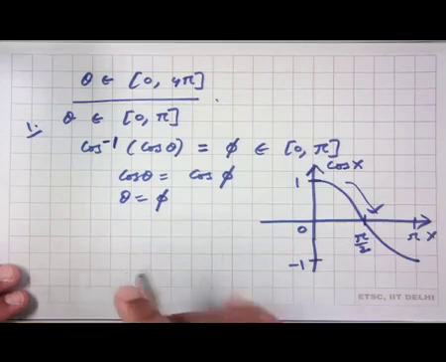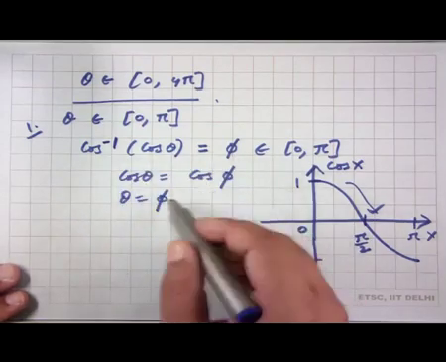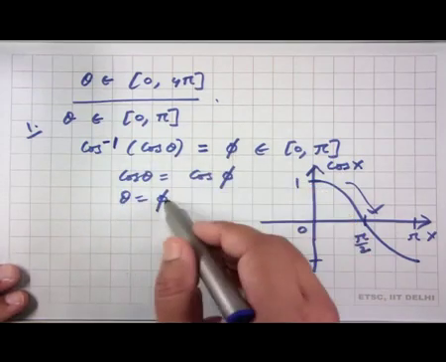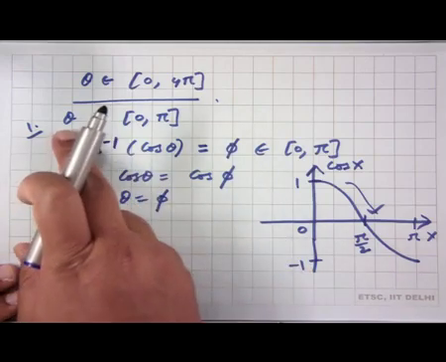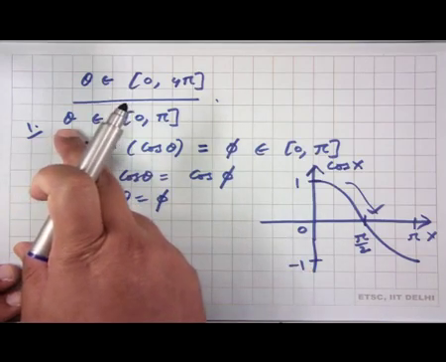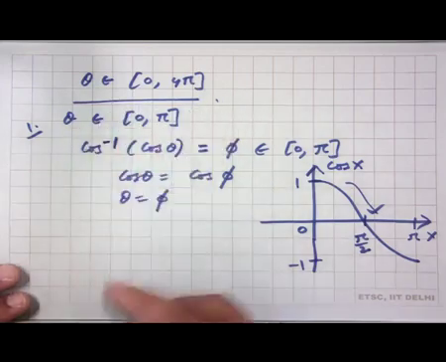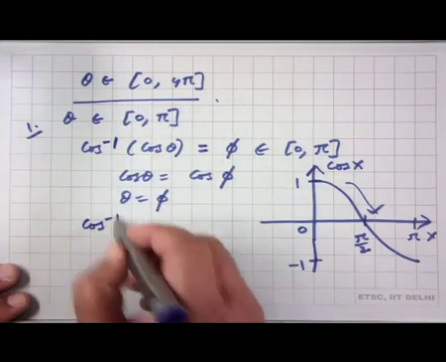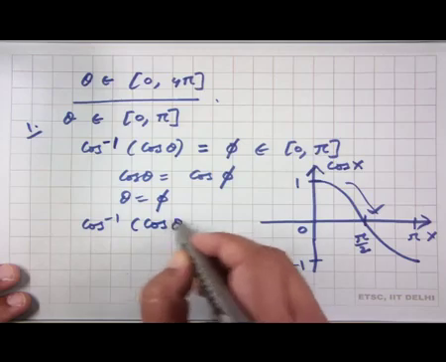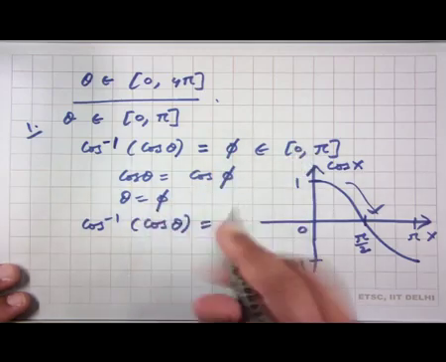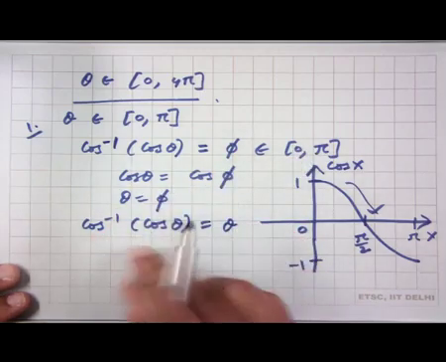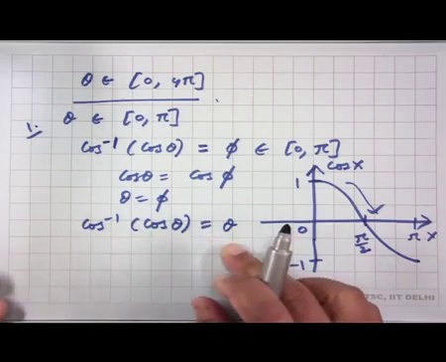And therefore, for the first case, when theta belongs to 0 to pi, cos inverse of cos theta is equal to phi, which is theta. So, cos inverse of cos theta is theta itself.